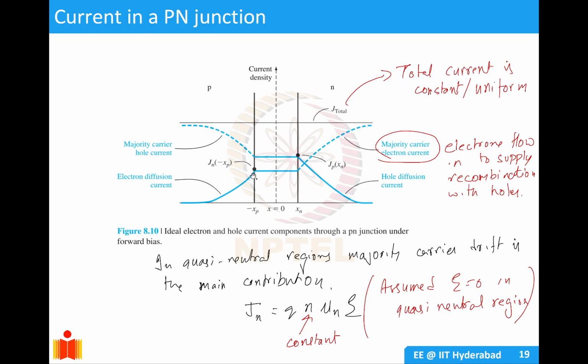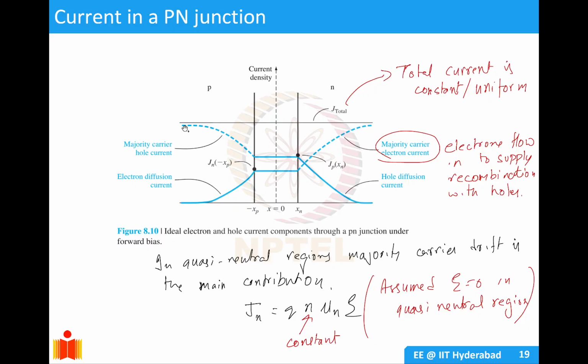So we have studied how the current will look in forward bias condition. This is how the diffusion current for minority carriers looks, and this is how the diffusion current for majority carriers will look on this side.